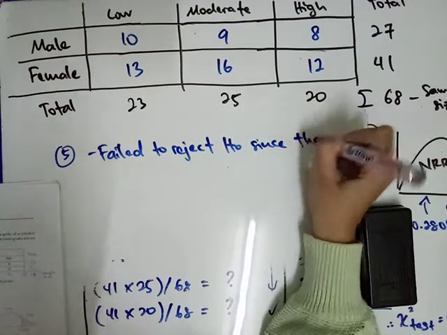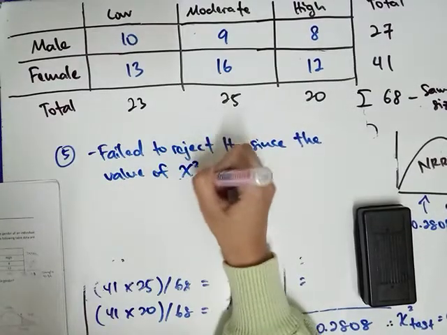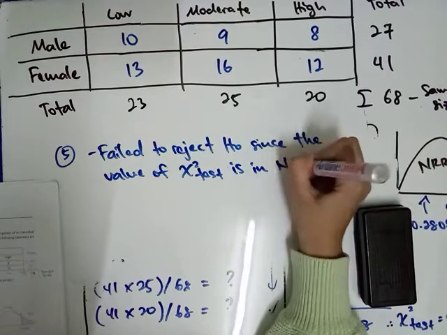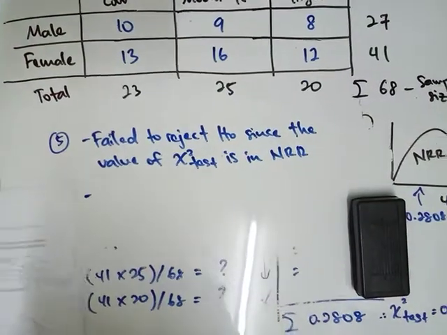Since the value of chi-square test is in NRR. Okay, second conclusion.